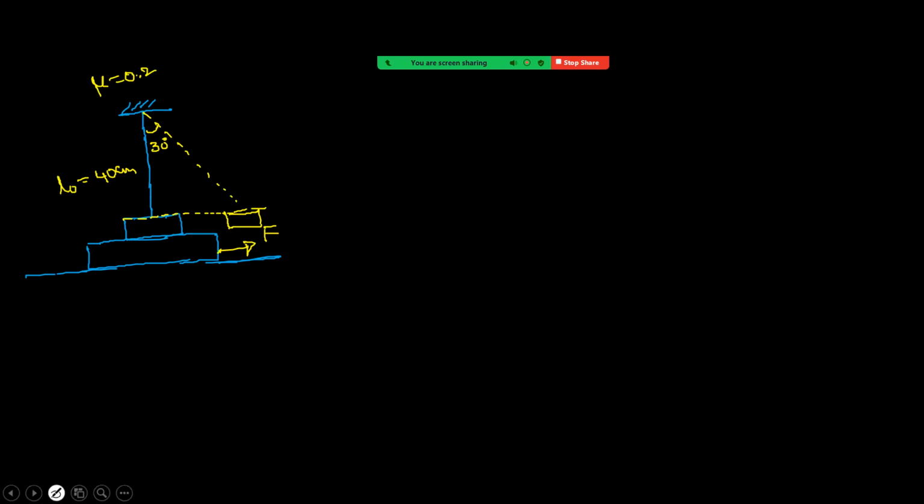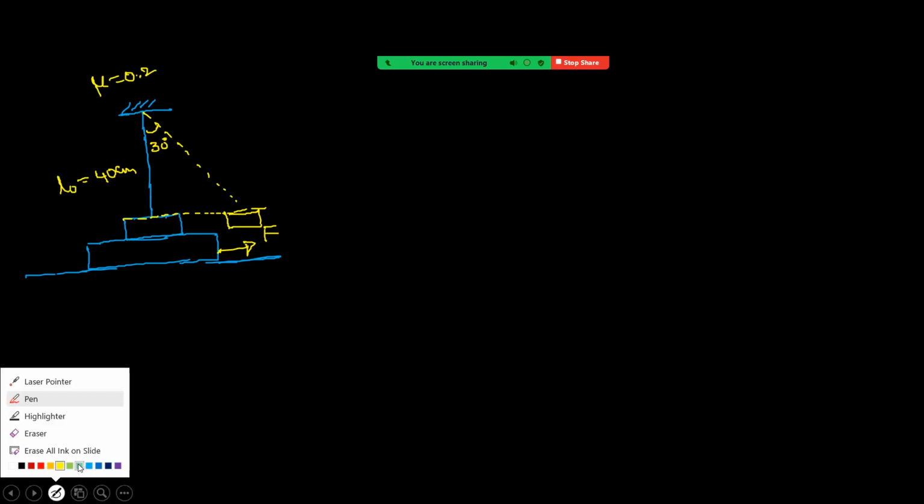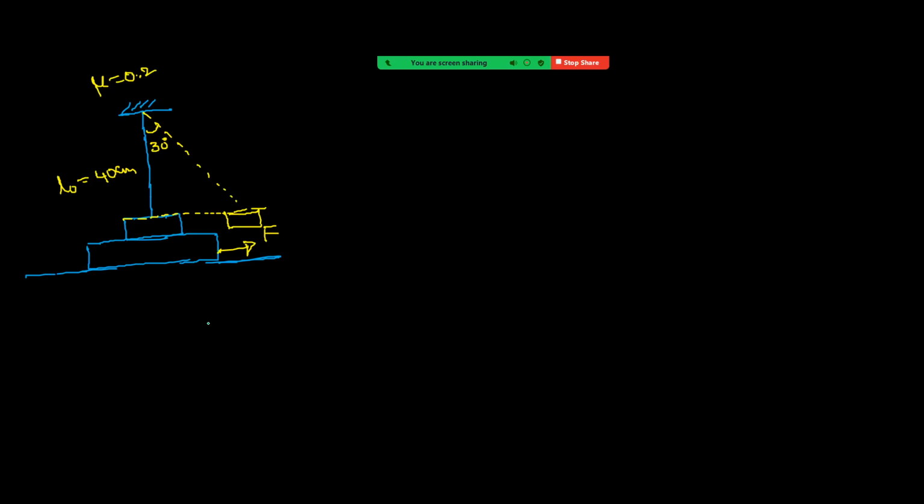First of all, focus on the free body diagram for the bar. I am drawing it separately. This is the bar. Because of the elastic cord, the elastic force will be like this. If x is the elongation, the spring force will be Kx. And I can take one component vertically upwards.